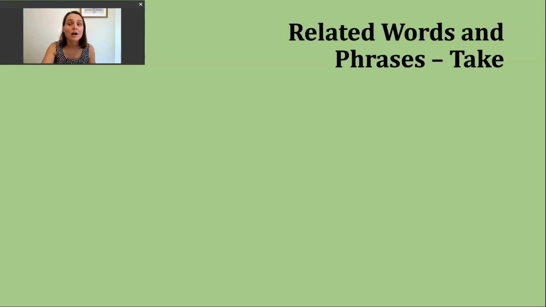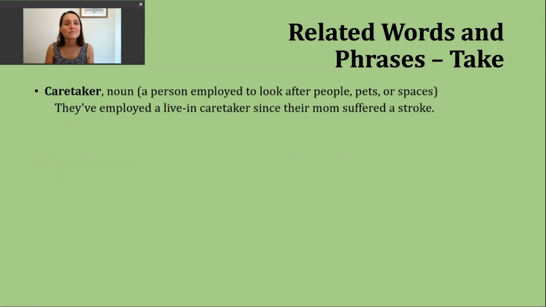Now let's spend just a couple minutes looking at some words and phrases that are related to our verb take. The first word we're going to look at is the noun caretaker. This can be a person who is employed to look after or provide care for people, pets, or even spaces. Let's look at an example sentence.